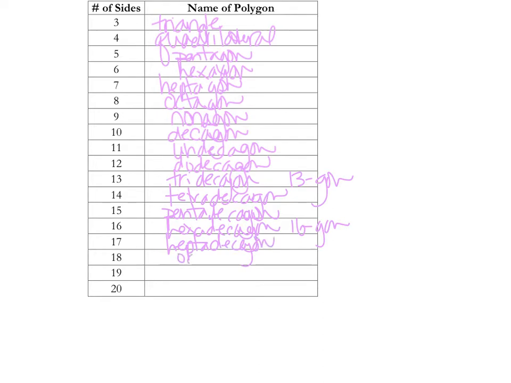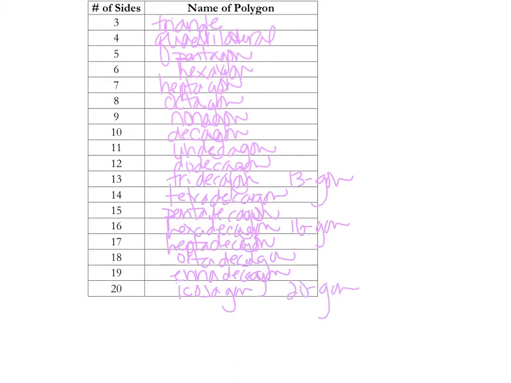Hopefully you're starting to see a little bit of a pattern. 19 is an ennedecagon. And 20 is an icosagon. Again, you could just say 20-gon.